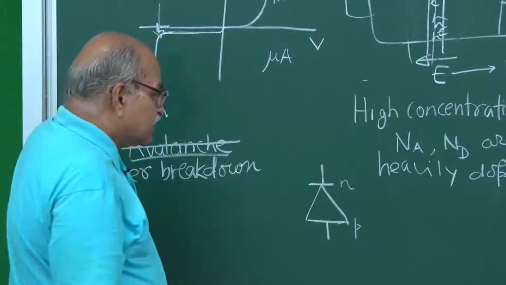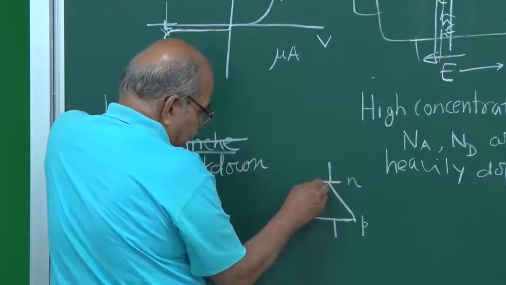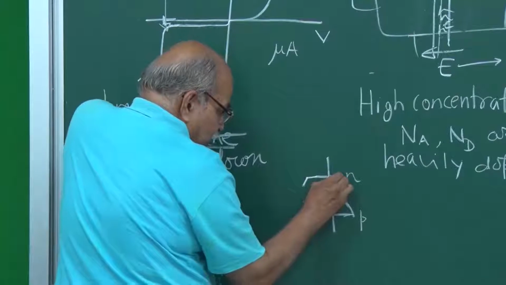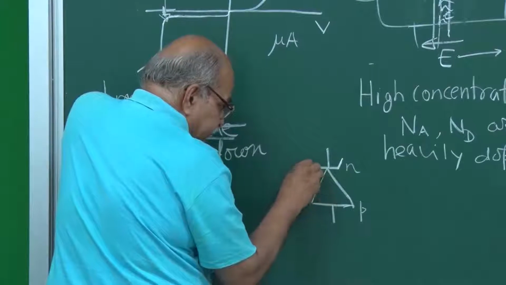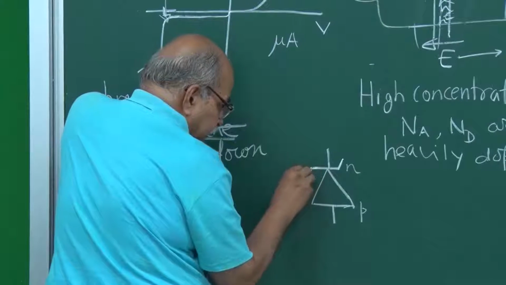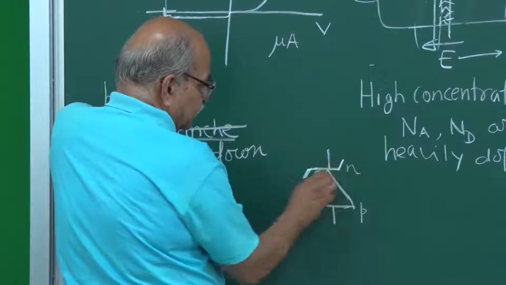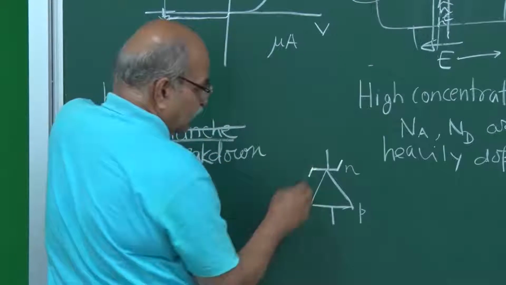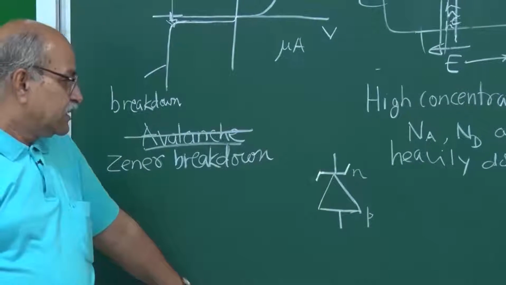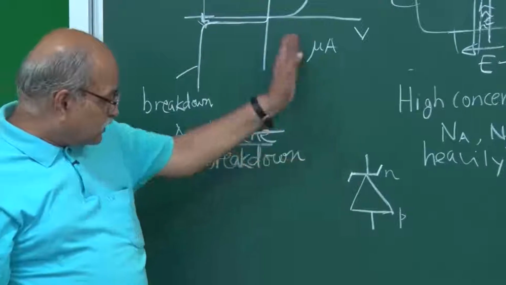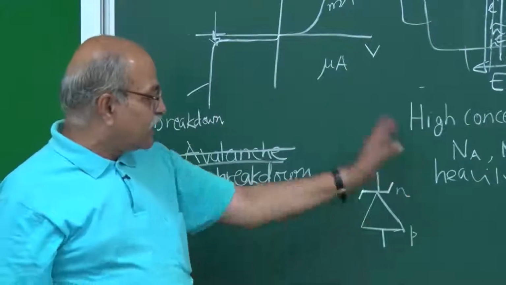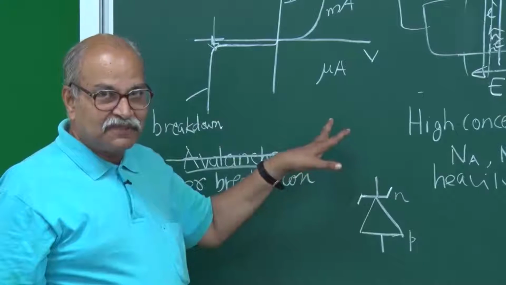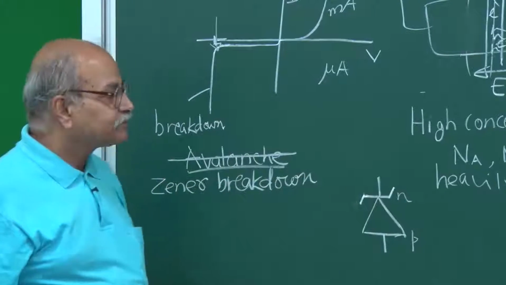But for Zener diode, this symbol has a slight modification. You put 2 more lines like this, like this. So this is a symbol for PN junction, this Zener diode. Wherever you see this kind of symbol, these two extra lines, you understand that we are talking of Zener diode.